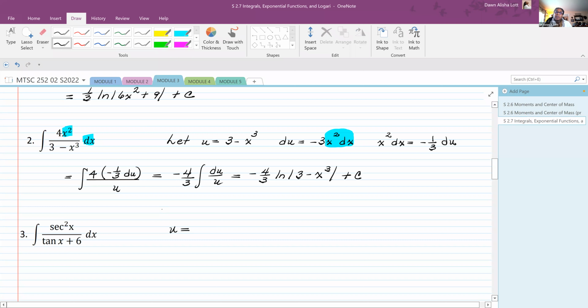Is anybody doing this problem? Is it tan of x plus 6? That's right. Okay, so what's du?